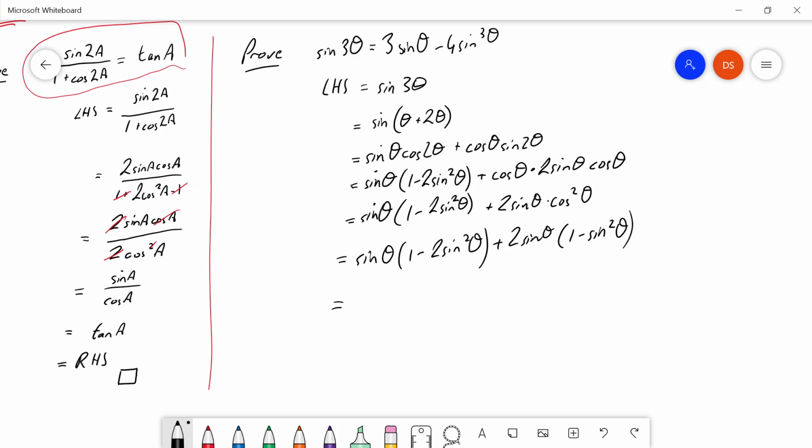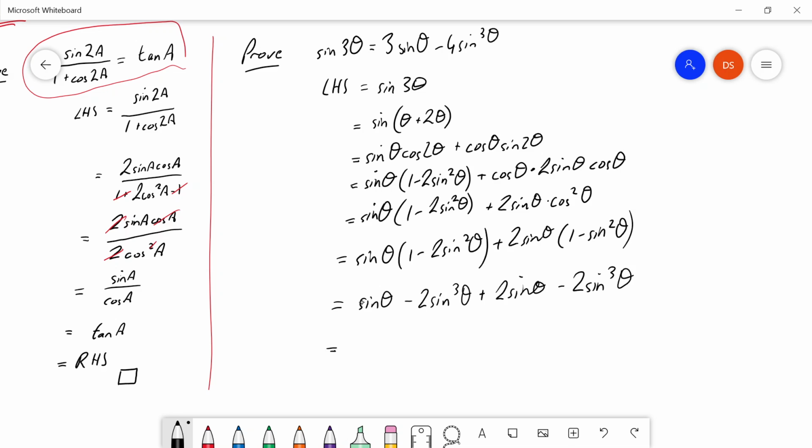Sine theta times 1 is sine theta. Sine theta times negative 2 sine squared theta is negative 2 sine cubed theta, plus 2 sine theta times 1 is 2 sine theta, and 2 sine theta times sine squared theta is negative 2 sine cubed theta.